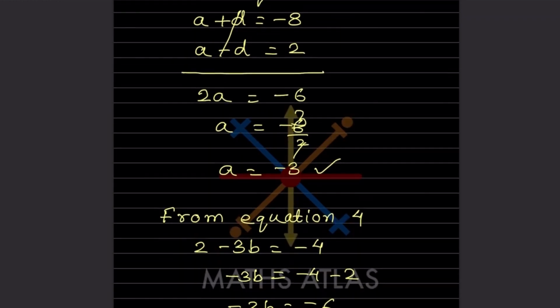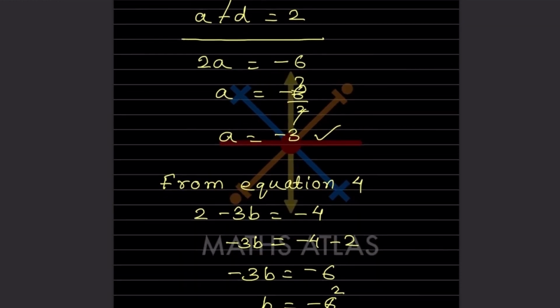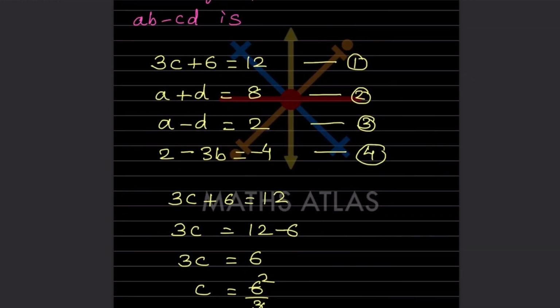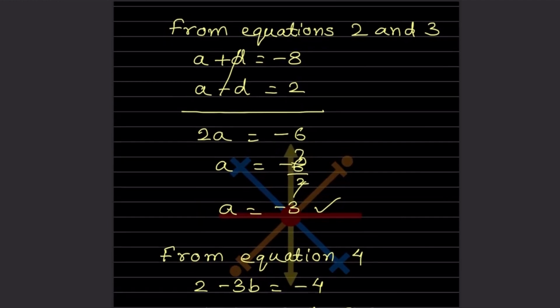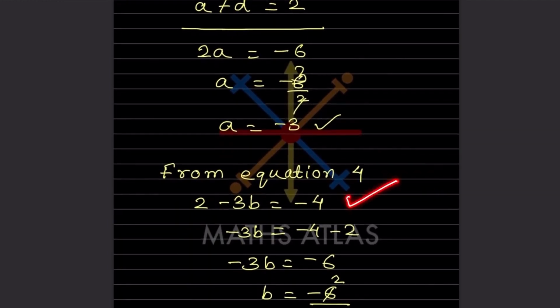Now let us see for B and D. Now from equation number 4. So now look here. We want the value of this from equation number 4. What we can see is 2 minus 3B. So I wrote the equation same here. So here keep minus 3B on the left hand side. This same over here. If you take this on the right hand side, it is going to be minus 2.